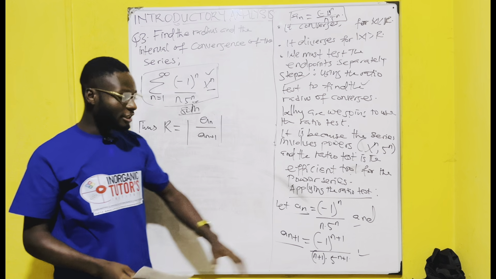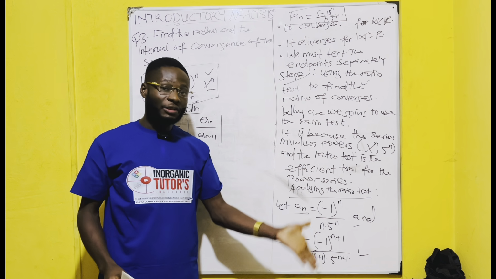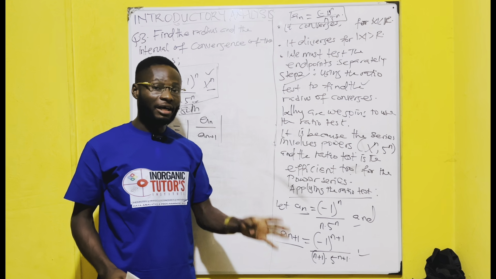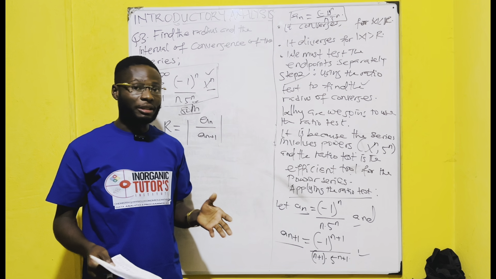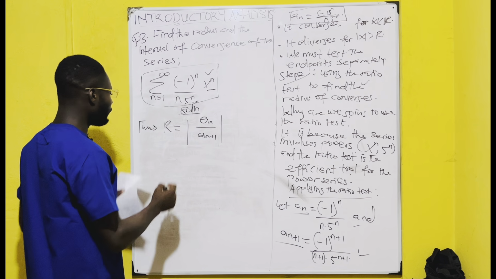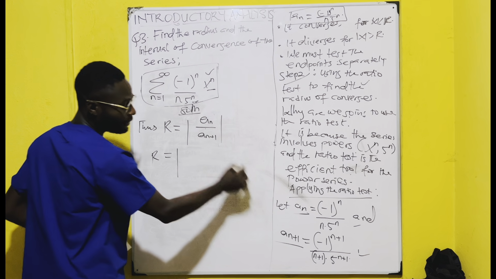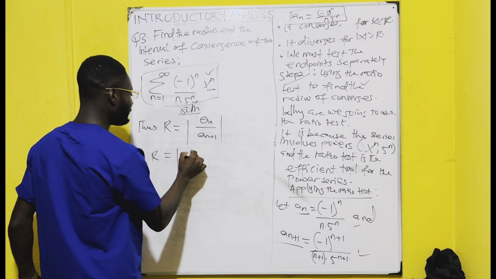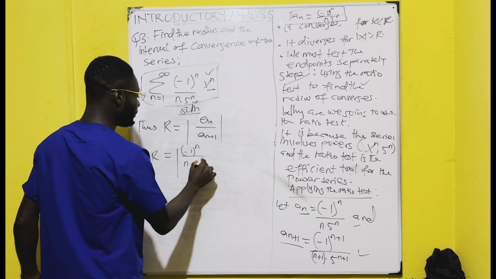You see, the work is going to be easy. Once you have been able to identify your a n and your a n plus 1, the rest is algebraic manipulations. So from here, we see that this a n is negative 1 to the power n divided by n times 5 to the power n.